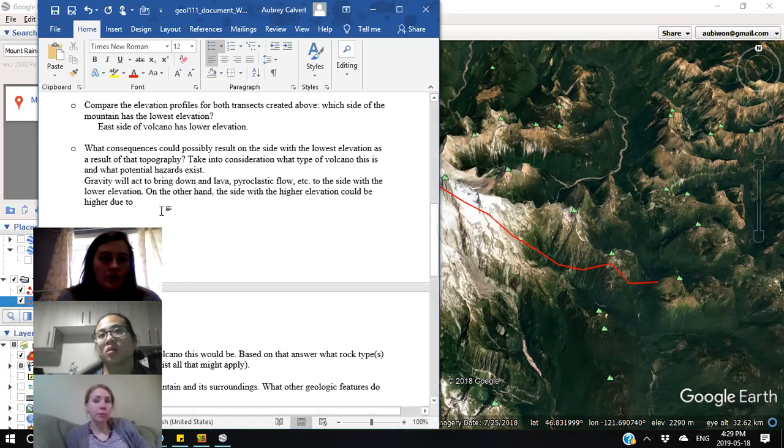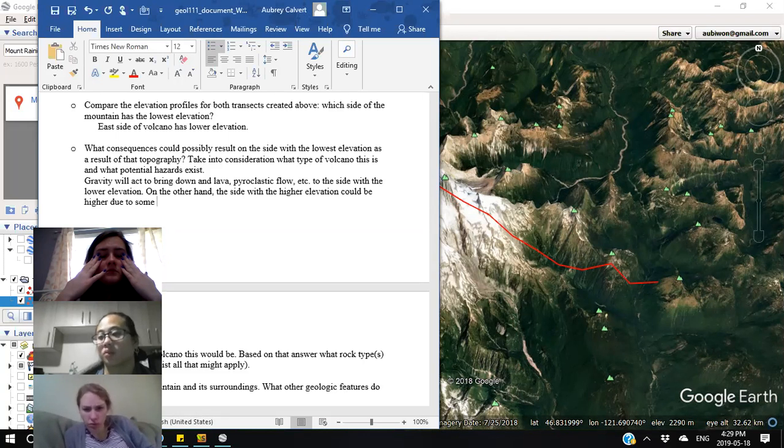So we'll say on the other hand, the side with the higher elevation could be higher due to, oh, what's that called? The tilt. Sorry, not making sense.